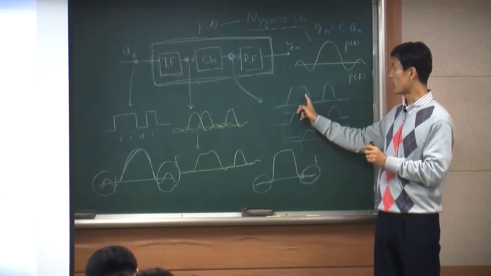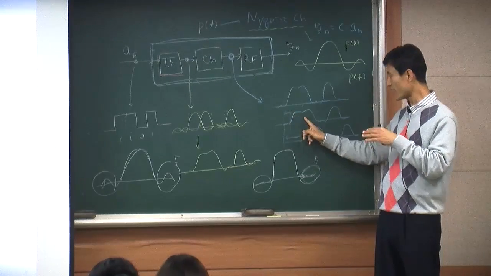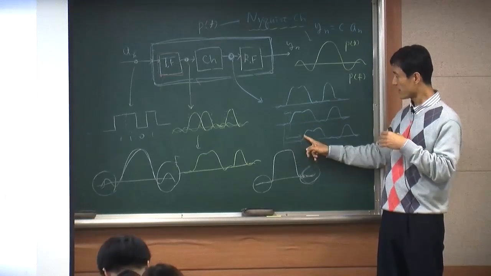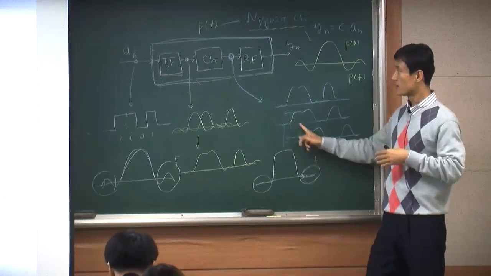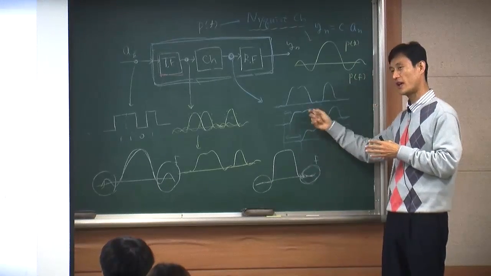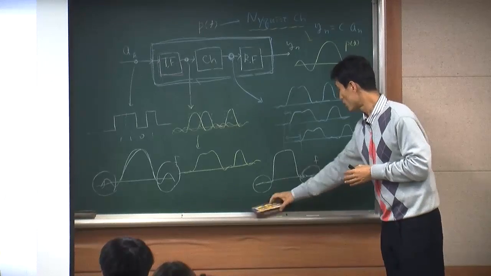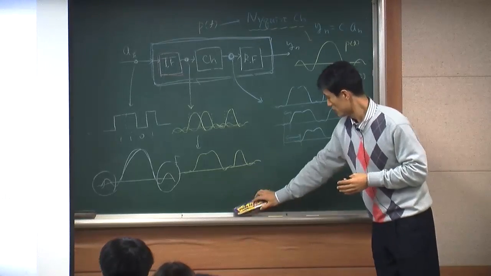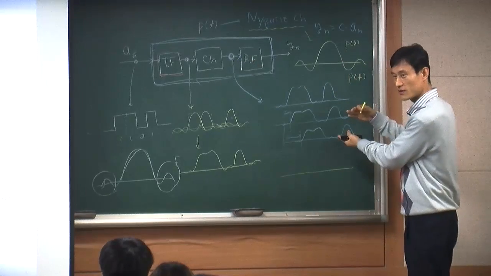This signal comes out at one time, and a little bit later it comes out again, and a little bit later it comes out again from another memory. There's a lot of memory inside. So that's why we have multiple outputs at different times with different delays. And eventually, what you're going to receive here is all of them added together.